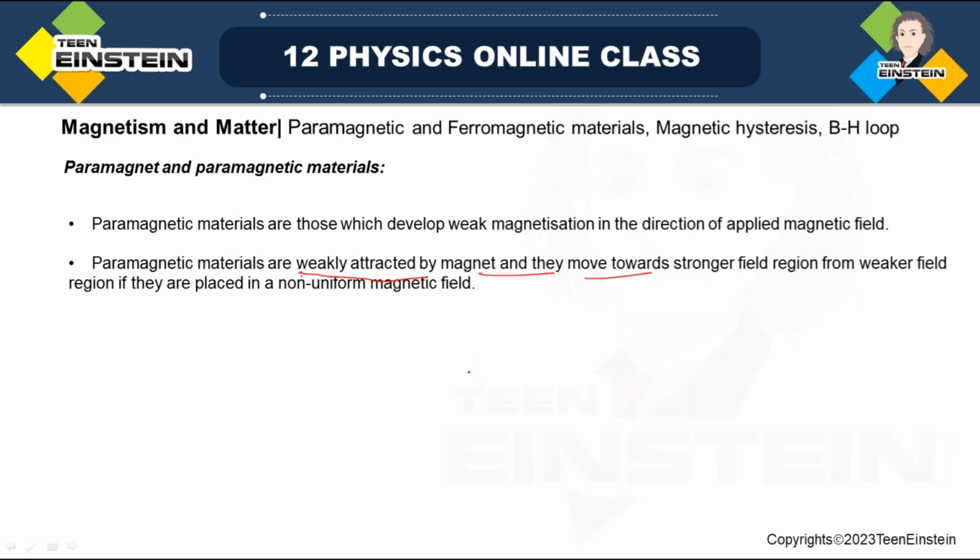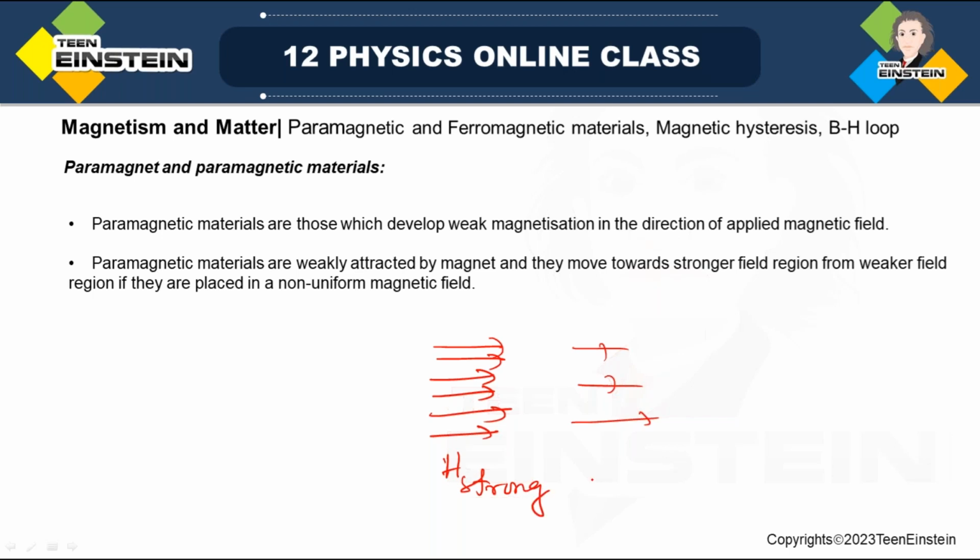And see, if I have a non-uniform magnetic field region, somewhere non-uniform in the sense that somewhere the strength of the applied magnetic field is very, very high, and somewhere the strength of the field is weak. As you know, dense field lines mean a strong magnetic field, and here the applied field is weak.